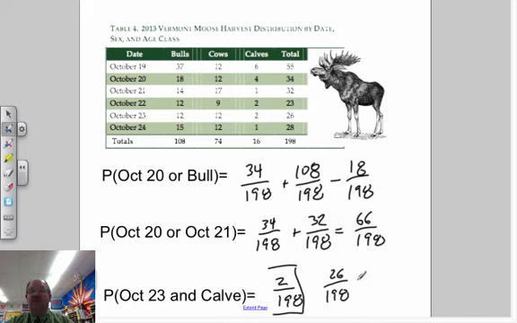Sidebar: the probability that we shot a calf was 16 out of 198, and I'm guessing maybe if we multiply those two together, we might end up with the same fraction. 26 out of 198 times 16 out of 198 gives me a decimal of 0.0106. And what's 2 divided by 198? Okay, so there's a little overlap. 0.0101. So we've got to account for that. So that's how that works.